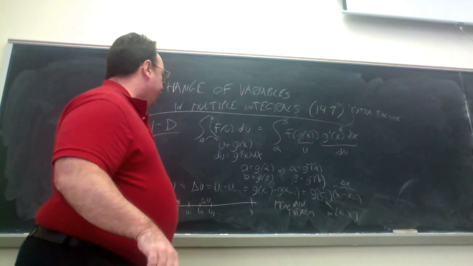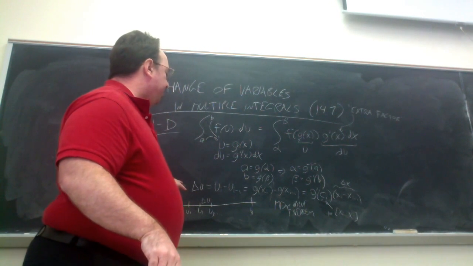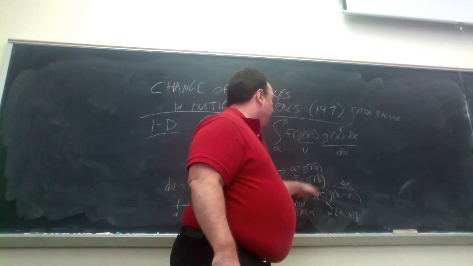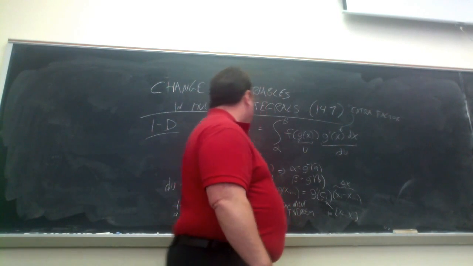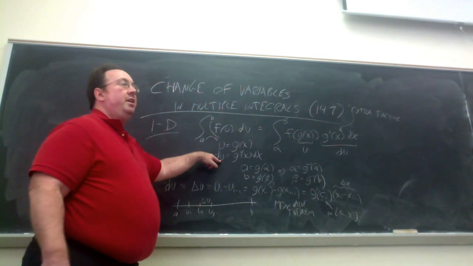So what it's saying is a change in u is equal to g prime times a change in x. So that's what leads to this relationship right here.